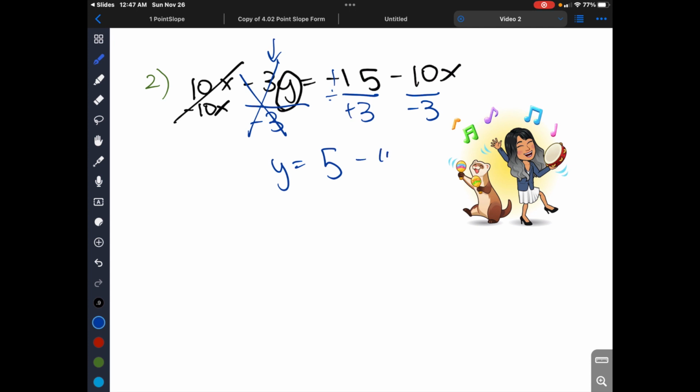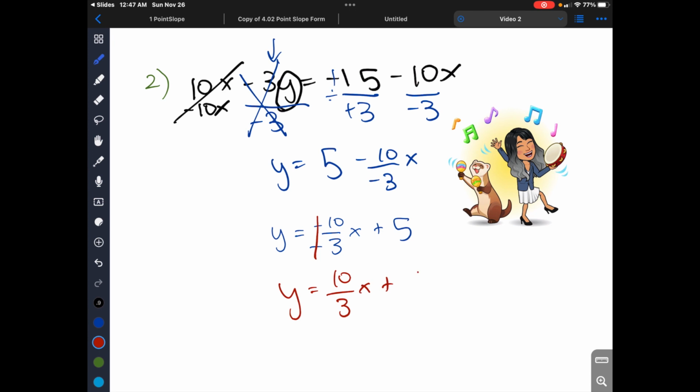Then negative 10 over negative 3x, but we need to flip it. We need to move this. Y has to be close to x. They're friends. So y equals, I'm going to move it like this. And this is a positive 5 because there's no sign in front of it. Oh, and I forgot the negative. Two negatives make a positive. So it's y equals 10 thirds x plus 5.